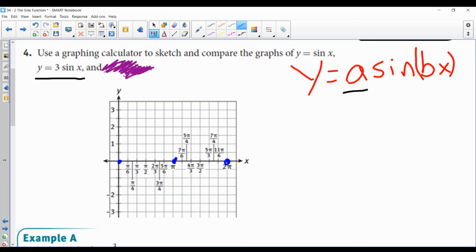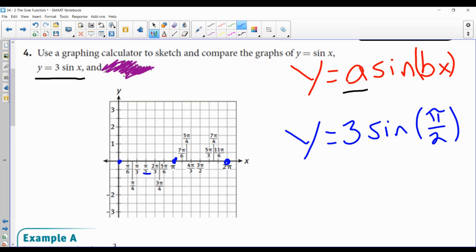Where it changes is if you really think about what's going to happen at some of these coordinates. Let's say I were to plug in this coordinate right here, pi over 2. y equals 3 sine of pi over 2. Well, if I think about just this piece of the problem right now, sine of pi over 2.